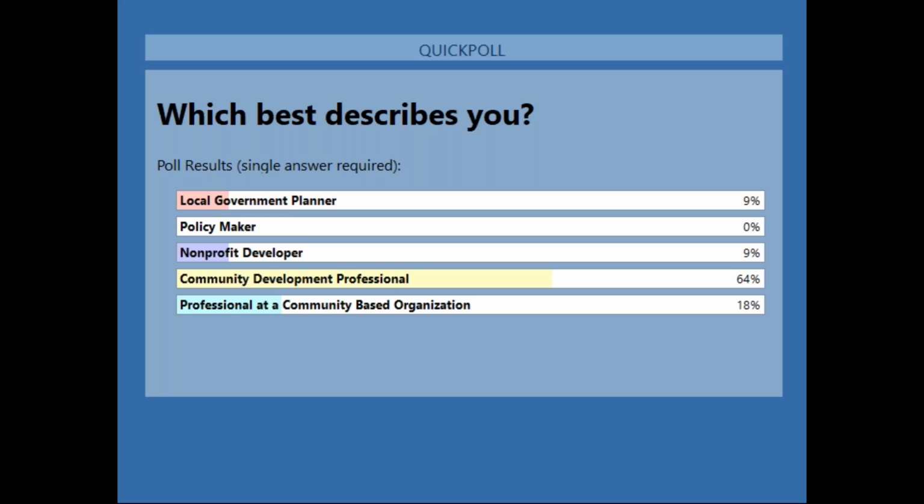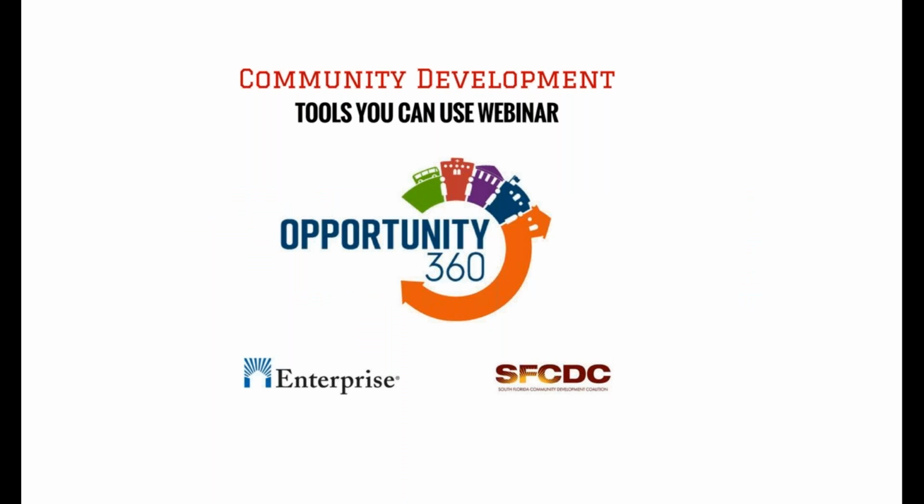As I indicated, this will be recorded, and so it will be available for additional individuals to watch the presentation as well. With no further ado, I am going to turn over this demonstration to Dr. Tiffany Manuel, who is the Vice President of Knowledge, Impact, and Strategy for Enterprise Community Partners. Tiffany drives the collection and dissemination of data and information from within Enterprise and across the affordable housing industry.